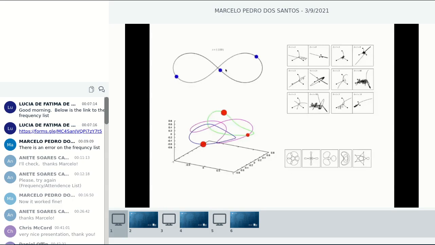This model needs an equal mass assumption. If we slightly change the masses of these three bodies and make them different, then we can get the following strange closed loop. It is still a periodic orbit, just like this.